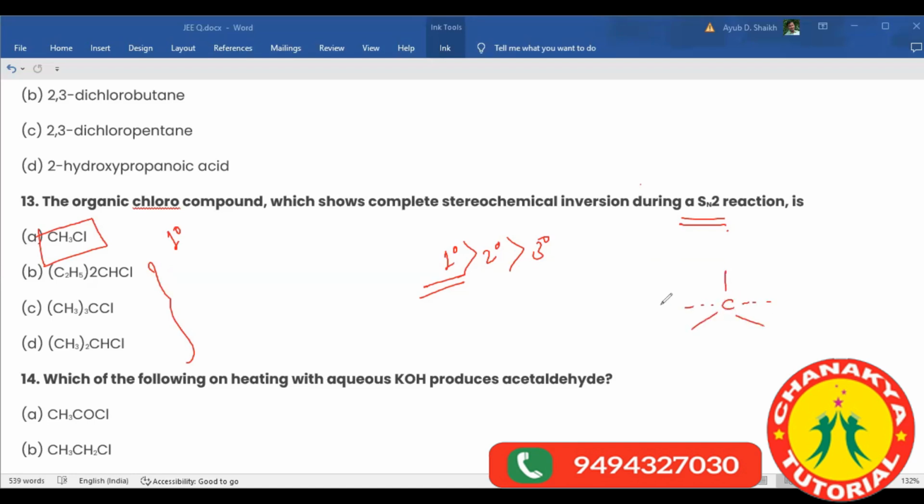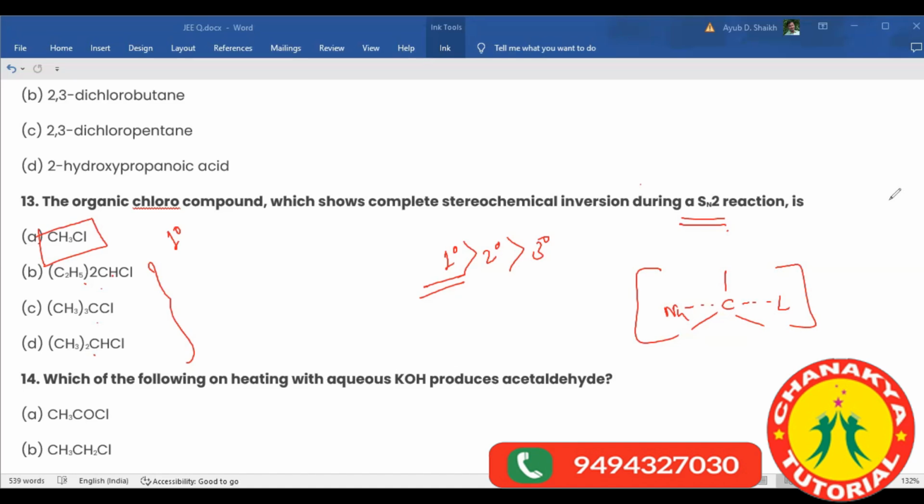This would be your nucleophile, and this would be your leaving group. If the rest come into this transition state, like two C2H5 groups and 1 hydrogen, or 3 CH3 groups, or 2 CH3 and 1 hydrogen, it will create steric hindrance and the rate of reaction will decrease. So complete inversion will not be possible, due to the unstable transition state.